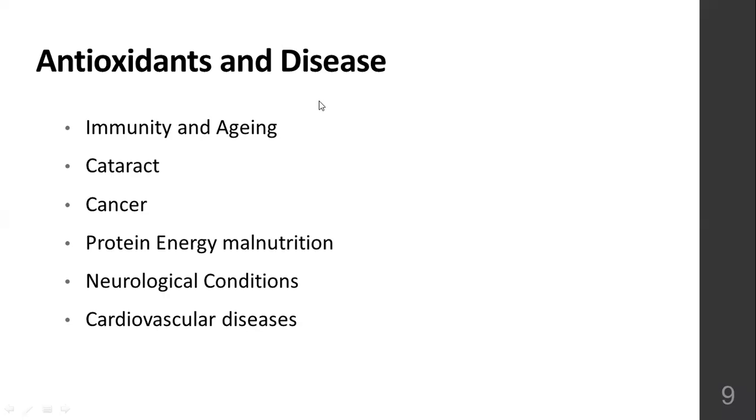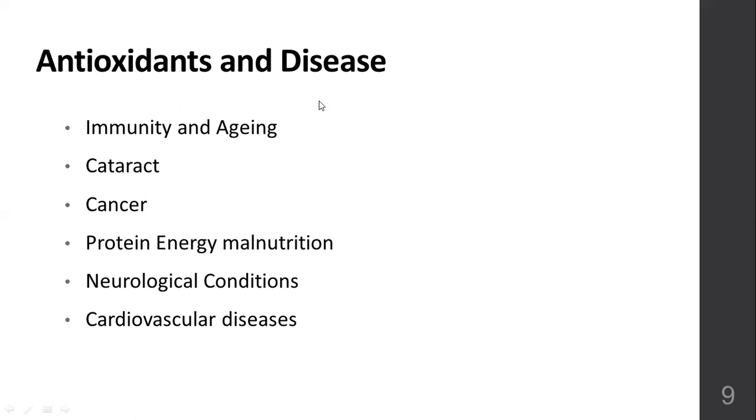Coming to cancer, there are different antioxidants associated with different types of cancer. For example, consuming more beta carotene will reduce the risk of stomach cancer, cervical cancer, esophageal cancer, throat cancers.